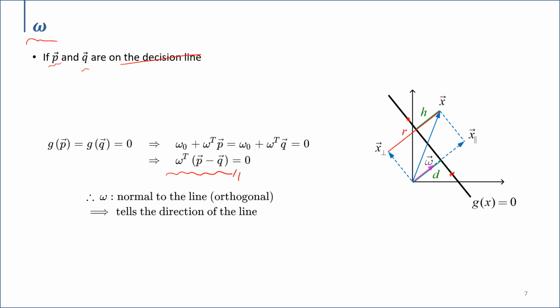This is nothing but the inner product between omega and p minus q, which lies on this line, being equal to 0. So that means omega is normal to the line, that is, omega and the boundary line are orthogonal. So by knowing omega, we can know the direction of the line. That's the very simple meaning of omega.